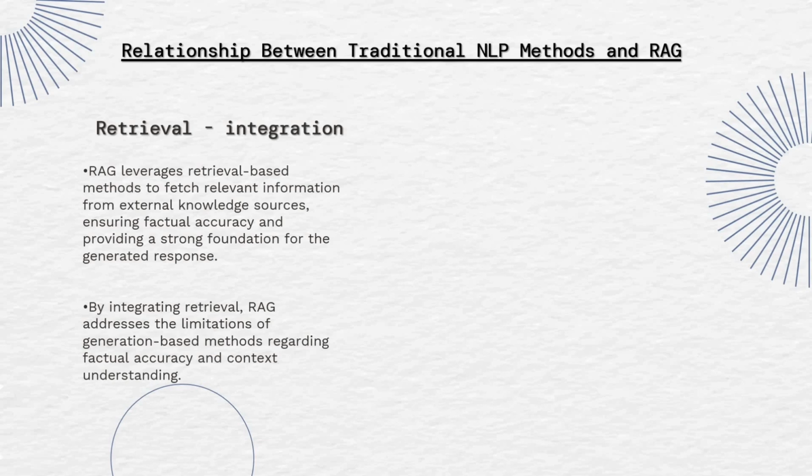And that is why when we talk about the retrieval integration side of things, it is aimed at reducing the limitations of generation-based methods. Because as we know, the major limitation of generation-based methods is that sometimes they can be factually incorrect and give false responses which are not based in truth. So this is the retrieval integration in the RAG.